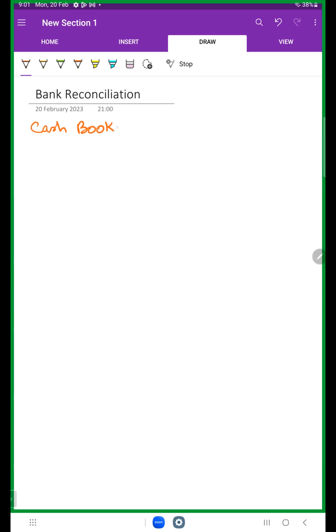Yes. Let me give you the definition of cash book and bank statement and then we can begin, okay? So, cash book is one of my books of prime entries that involves all the transactions related to cash and bank.